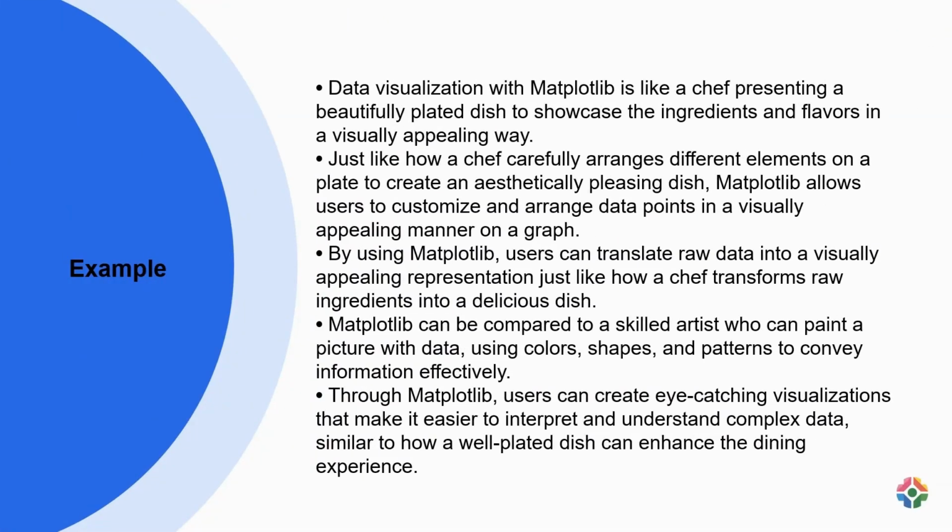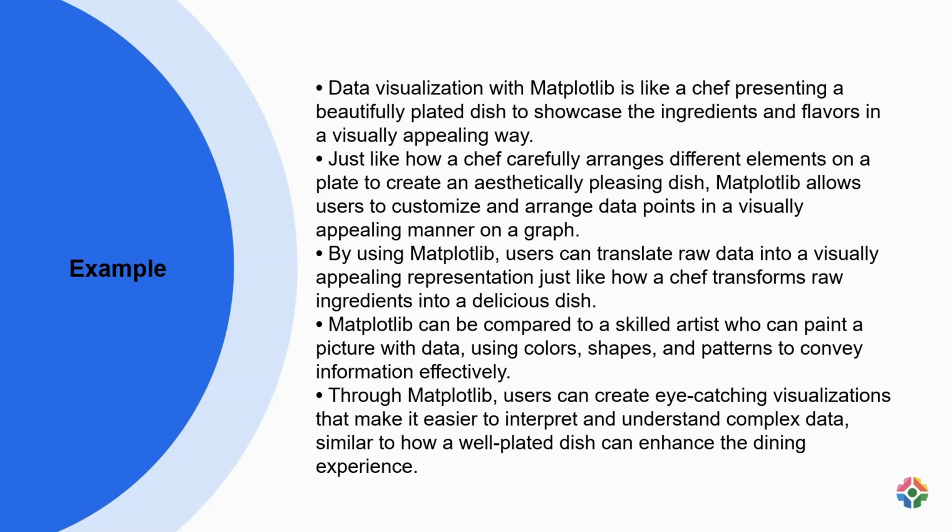Data visualization with Matplotlib is like a chef presenting a beautifully plated dish to showcase the ingredients and flavors in a visually appealing way. Just like how a chef carefully arranges different elements on a plate to create an aesthetically pleasing dish, Matplotlib allows users to customize and arrange data points in a visually appealing manner on a graph.